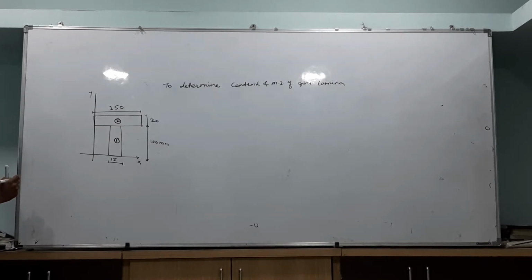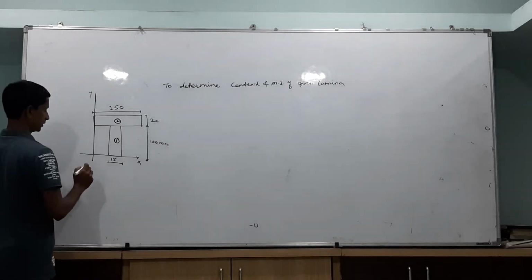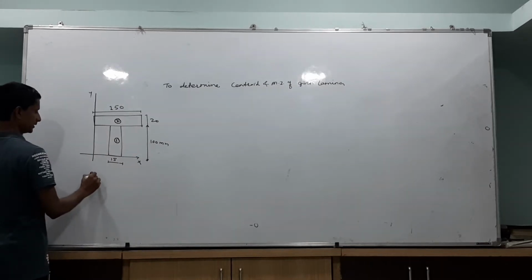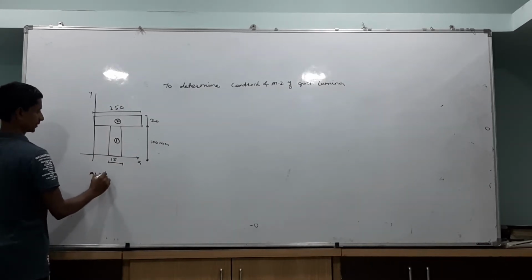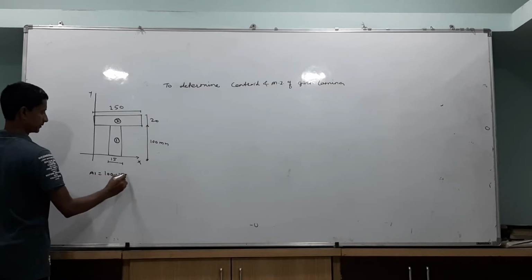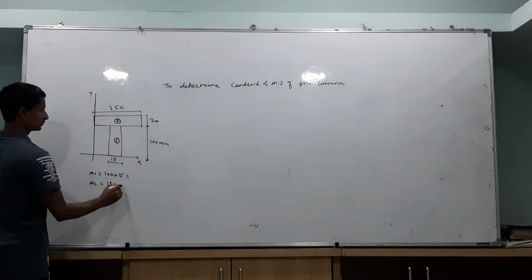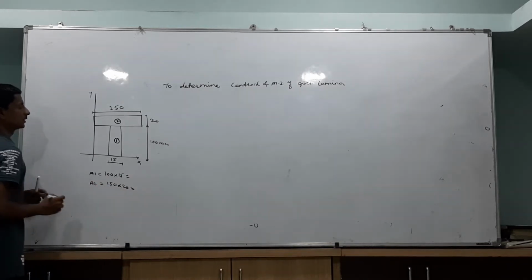And after this, find out the area of rectangle number 1 and rectangle number 2. So A1 is equal to 100 into 15 and A2 is equal to 150 into 20.